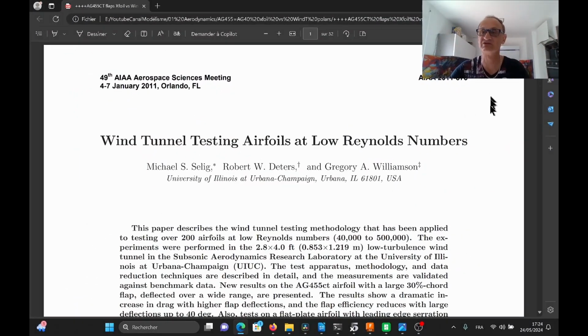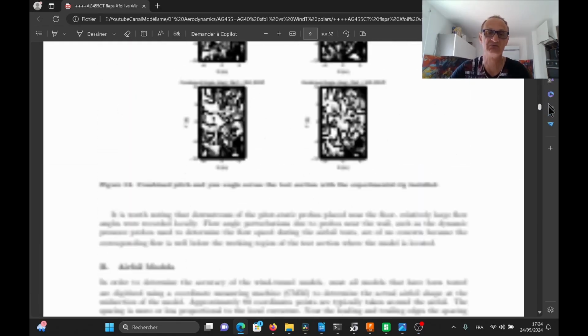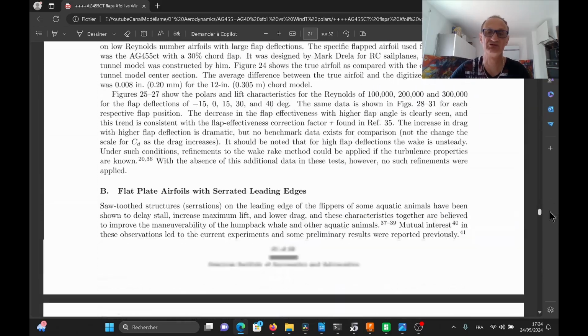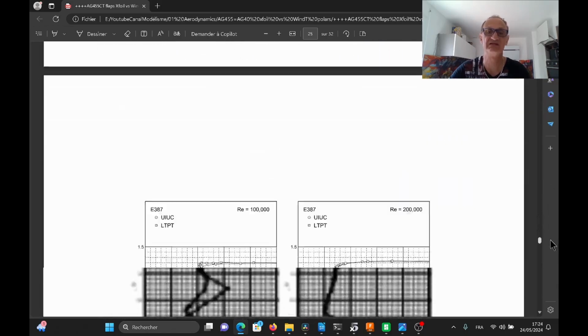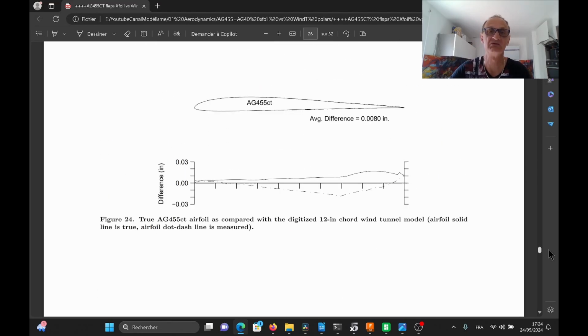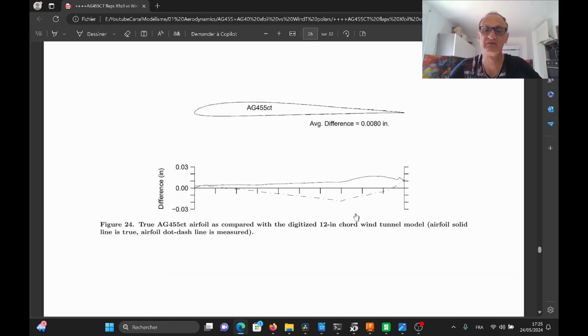So in the document, we go to the bottom, and we first have the Kepler 387, but we are not interested in this one. We are interested in this one, and you will see that the theoretical profile is compared with the sample put into the wind tunnel, so we have some discrepancies here.